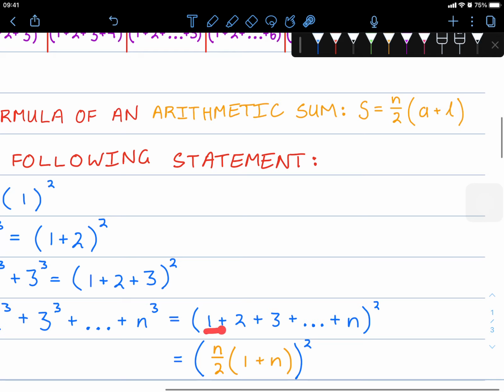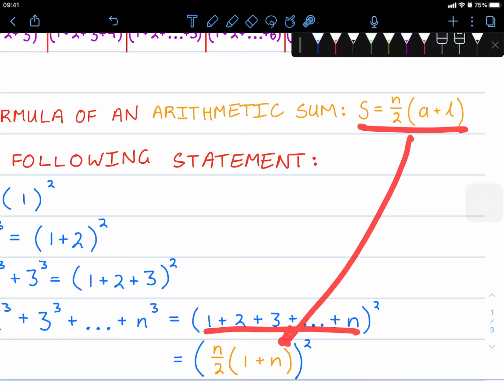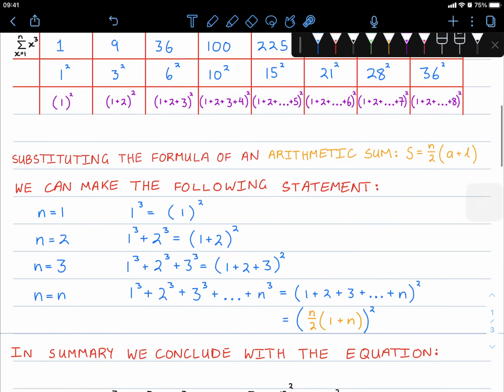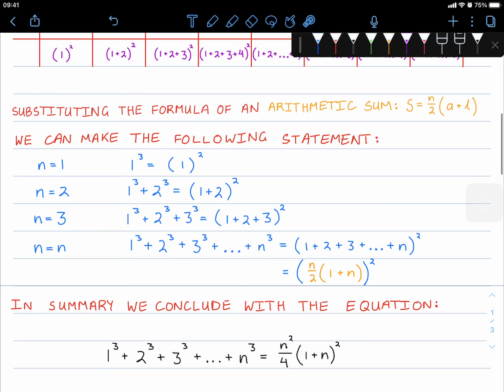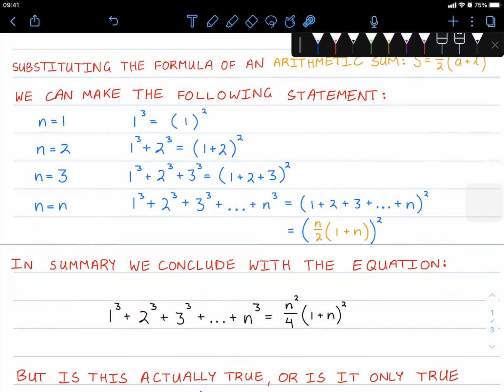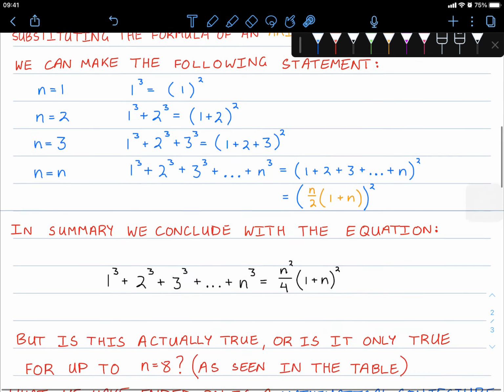Well, because this is an arithmetic series, we just substitute that in, which will conclude with this equation here. If we expand this, this becomes n squared divided by 4, because we're squaring that as well, times 1 plus n, which is first plus last, all squared. So we can conclude with this.